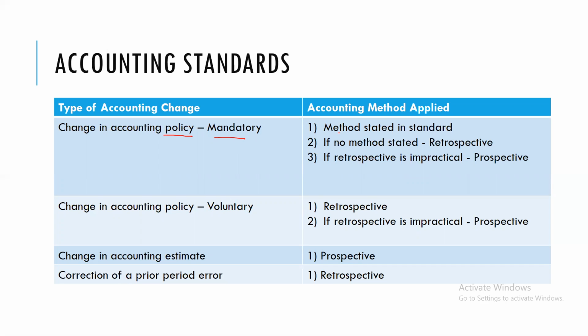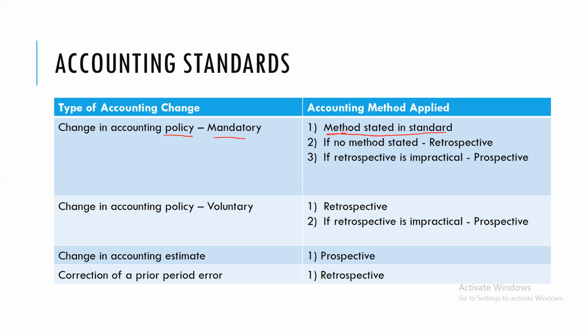Usually if there's a mandatory change, the standard is going to tell you what method you have to use. You have to change it from LIFO to FIFO, and you have to do retrospective application. So the method usually is stated when the accounting standards bring out this mandatory change.